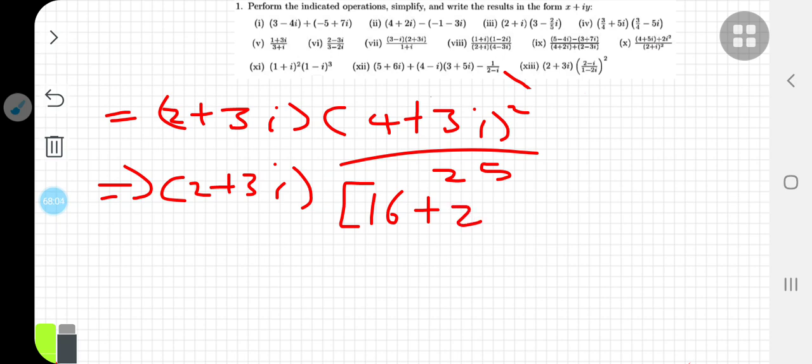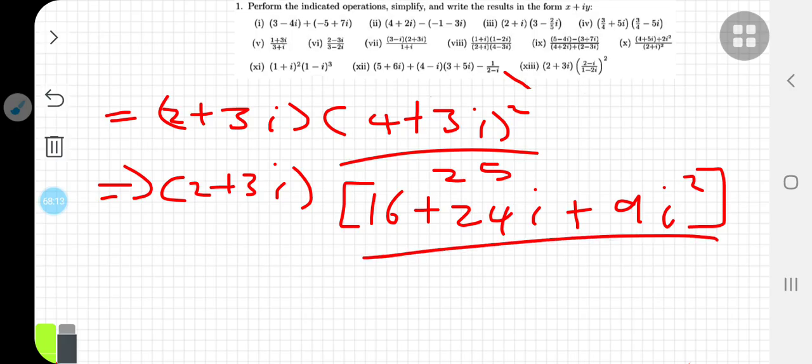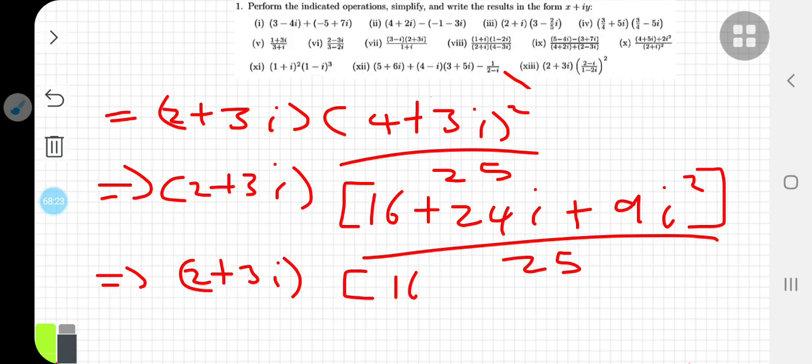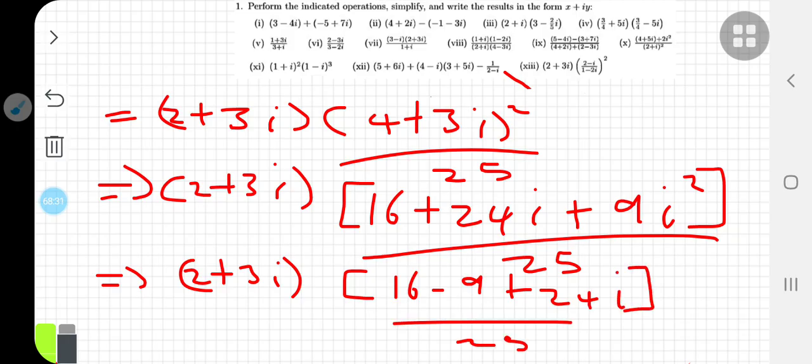So I'm going to have 24i plus 9i squared over 25. From here, it's going to be 2 plus 3i times 16 minus 9 plus 24i over 25.